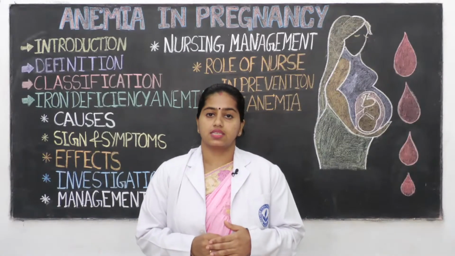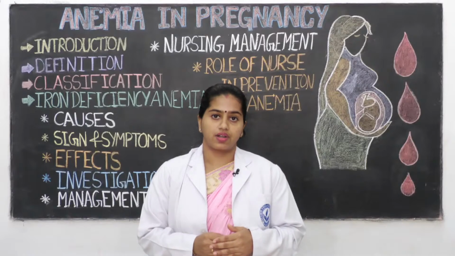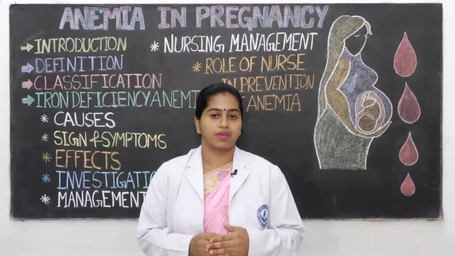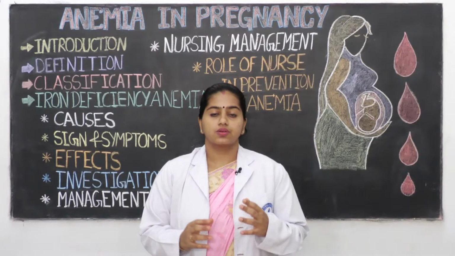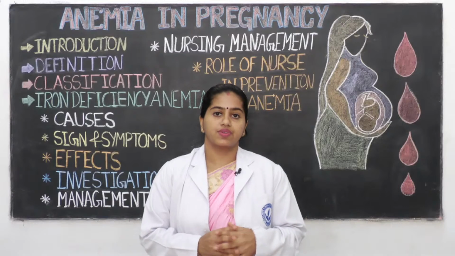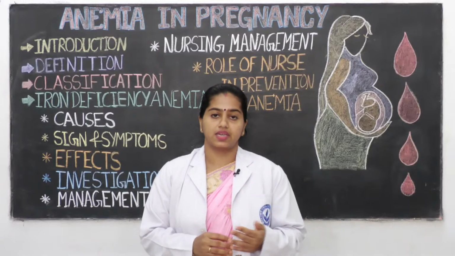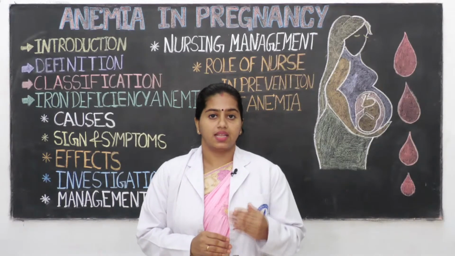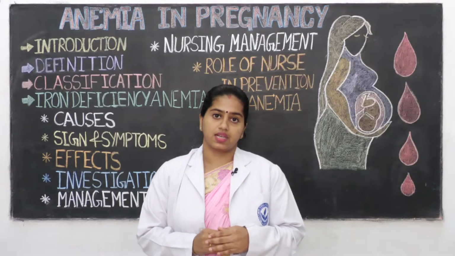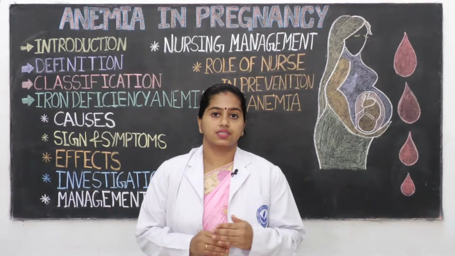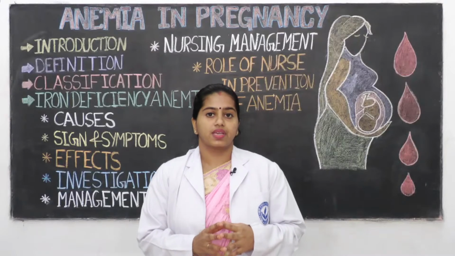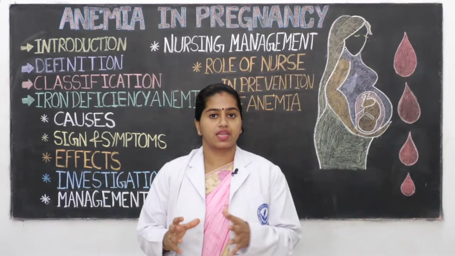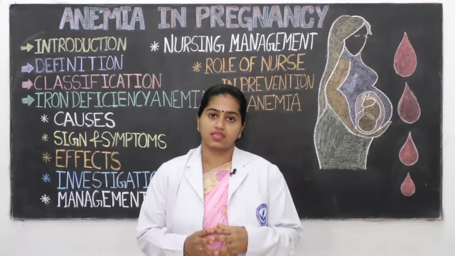So anemia is a hematological disorder where the oxygen carrying capacity of the living tissues is affected. In pregnancy, on peripheral smear examination, when the hemoglobin is less than 11 gram percent and the cells under the microscope are microcytic and hypochromic, we can tell it is an iron deficiency anemic status.